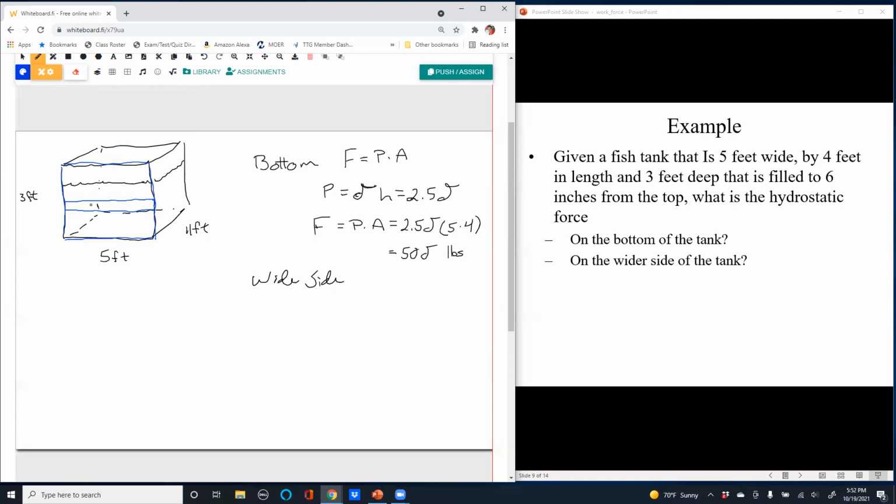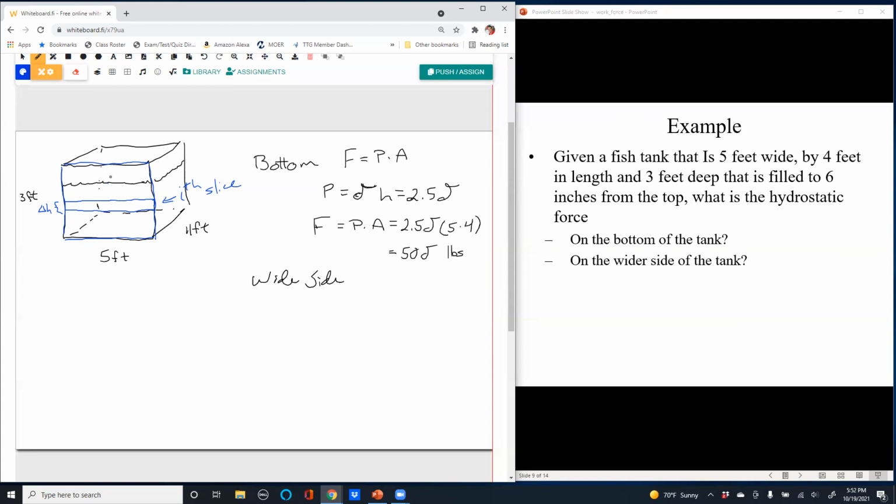So my slice, this is my slice. And that slice has to have a thickness, let's call it delta H. And that slice has a depth from the water, not from the top of the tank.